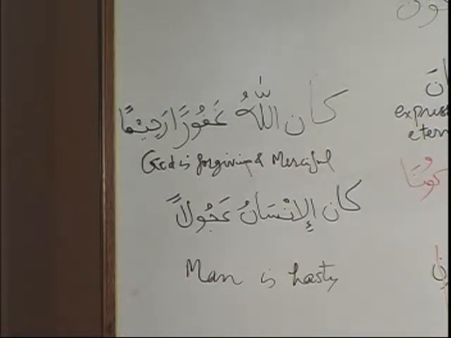Kana al-insanu ajulan. He was, he is, he will always be. So this is the meaning of eternal truth. Kana Allahu ghafuran rahiman. He was, he is, he will be.